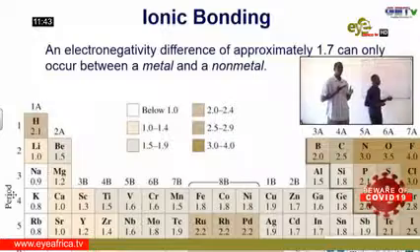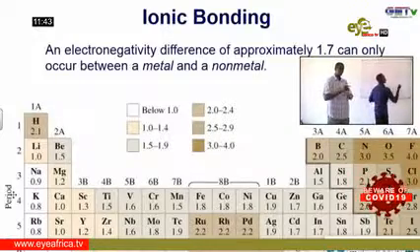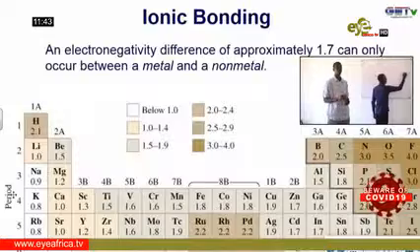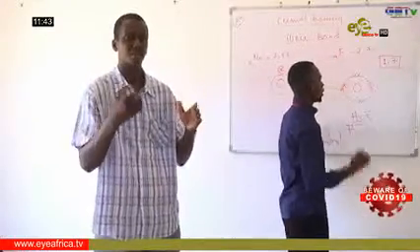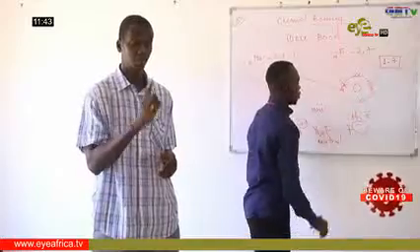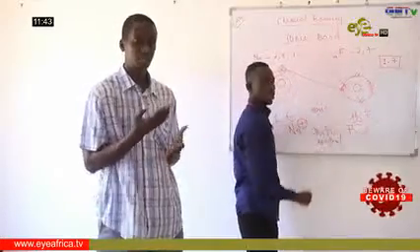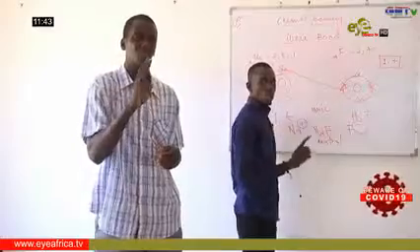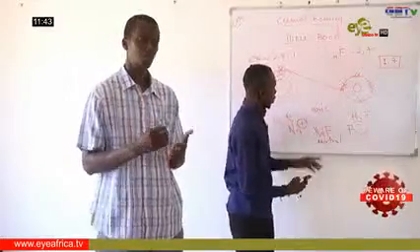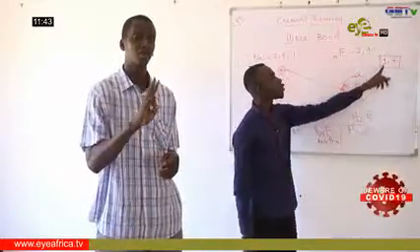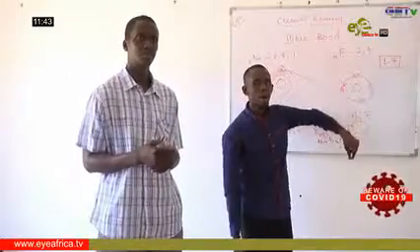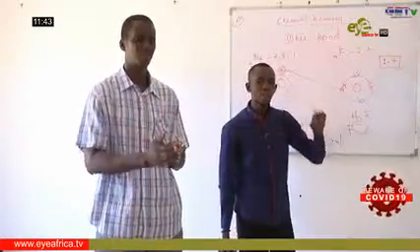Now, this ionic bonding, we have a value which is 1.7. Now, if you are given two atoms, and you know the electronegativity values of these two atoms, you subtract their values, and then you have something like 1.7 or more than 1.7, that compound is a pure ionic compound.